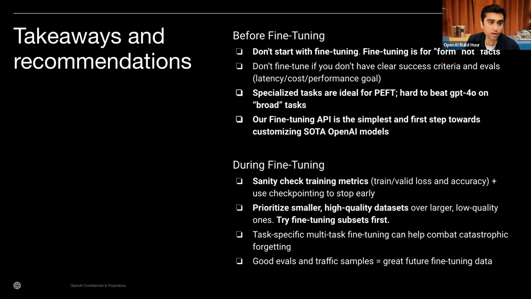Second, before fine-tuning, make sure that specialized tasks are really ideal for parameter efficient fine-tuning, or PEFT. And it's really hard to beat GPT-4o in broad and more general tasks. Our fine-tuning API is the simplest first step when you have decided that you've tried everything with prompt engineering, RAG, and other approaches, and you really want to improve the performance or have a specific goal in mind.